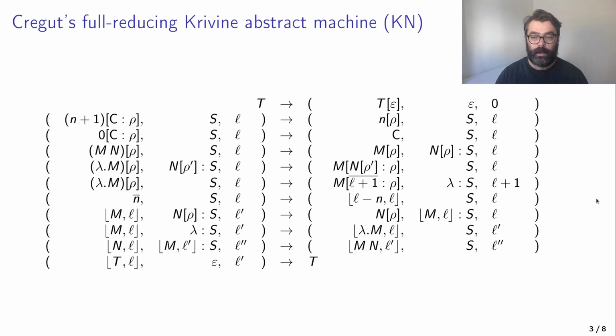In a nutshell, KN takes as input a lambda term that it embeds in a closure with an environment that stores bindings, and uses a continuation stack and tracks the lambda nesting level of the term being evaluated.